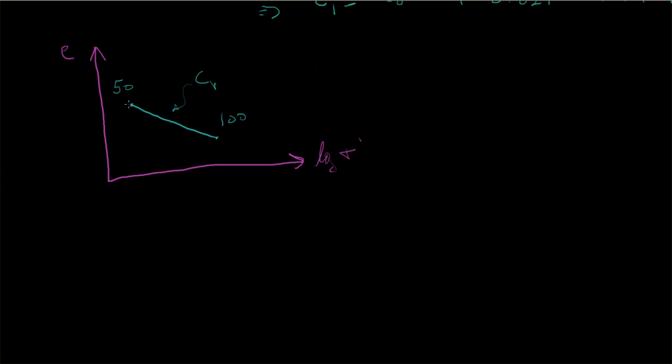So now I can say that the difference in void ratio, delta E2, equals E1 minus E2.